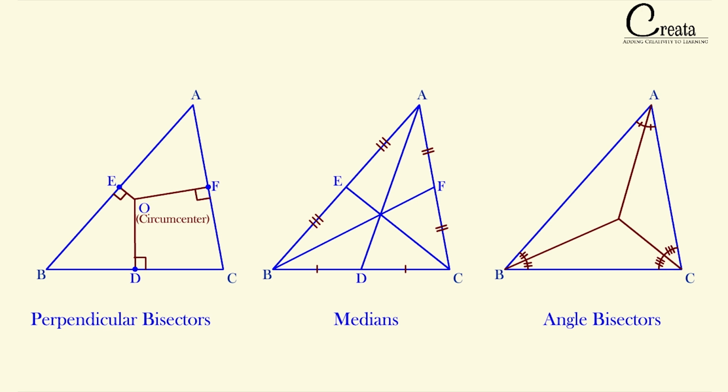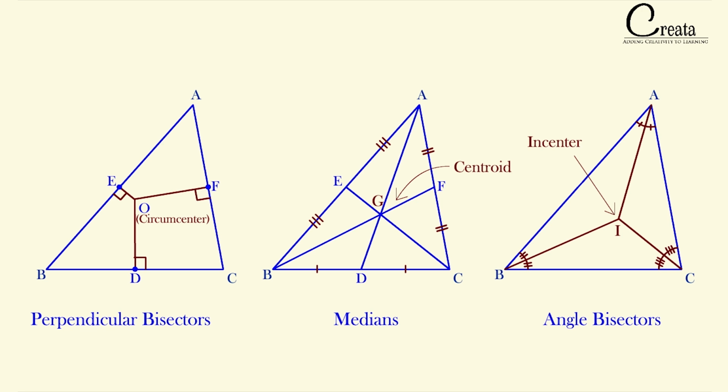If you observe, the medians intersect at a common point that is known as centroid, which is denoted by G. Similarly, the angle bisectors also meet at a common point that is incenter. It is denoted as I. In a similar way, the perpendicular bisectors also meet at a common point. This point is known as circumcenter.